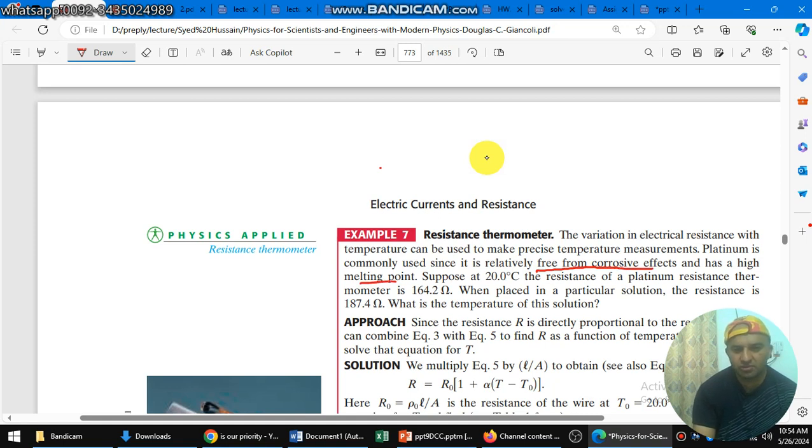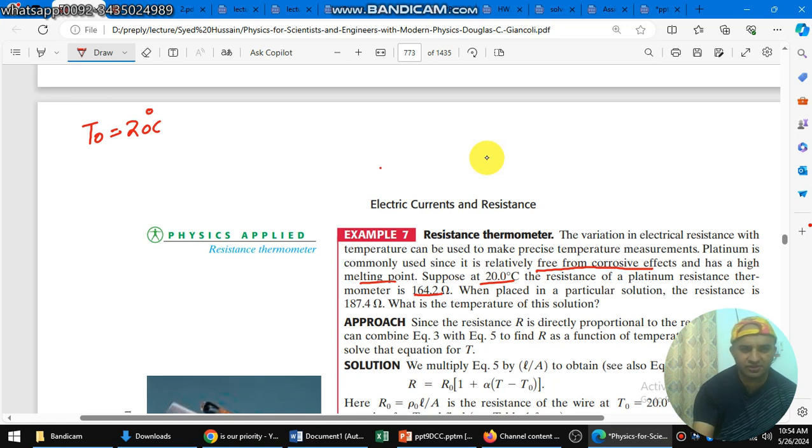Suppose at 20 degrees Celsius, so this is the low temperature, T naught is 20 degrees Celsius. Now the resistance of the thermometer is 164 ohm.